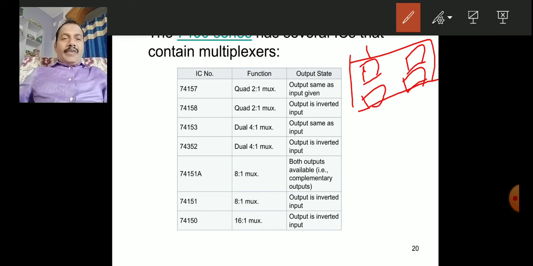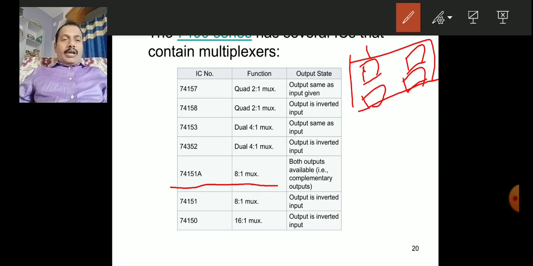Next 74153 is dual 4 to 1 mux. Output same as input. That means in this 74153 there are only 2 muxes, 2 4 to 1 muxes. 74352 is also a dual 4 to 1 mux. Output is inverted input. Next 74151A is the 8 to 1 mux.